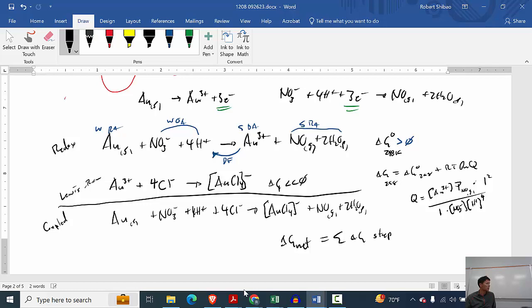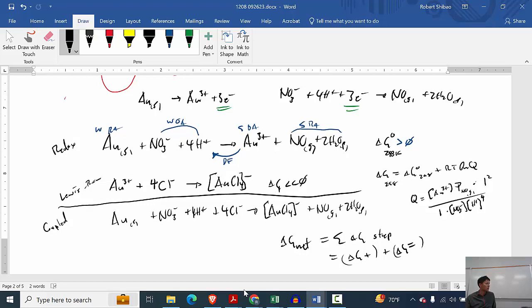This is 2 steps. In step 1, the delta G was positive, not favorable. In step 2, the delta G was quite negative. And if it's negative enough, it'll compensate for this positive, and then we'll just end up with a delta G that's negative overall.